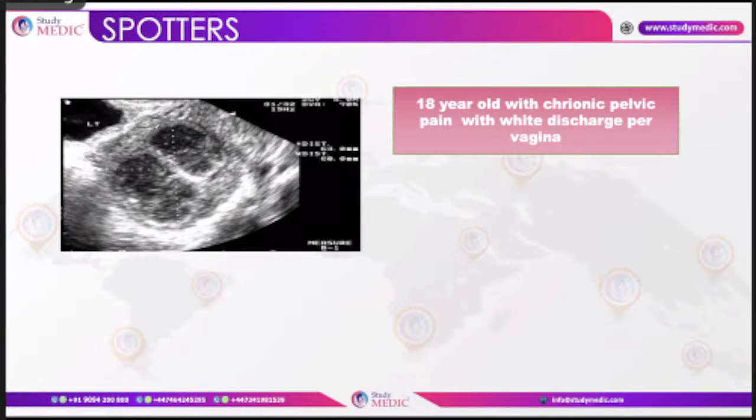With chronic pelvic pain, that is the key, with white discharge per vagina. I know this could be a little tricky and probably not so clear, but this is something which you guys need to know.